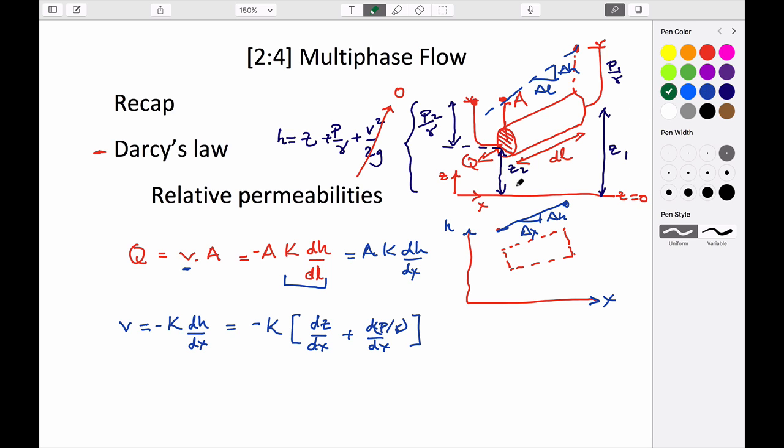And I suppose if you wanted to draw them on here, this would be dz dx in green, if you can see that. And the difference in pressure would be this term here, which is really change in pressure with X. And so all we're doing is realizing that, well, it's probably easy to write it out, that head is equal to elevation plus P over unit weight.